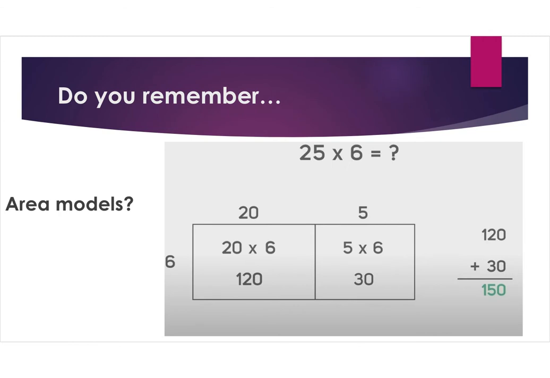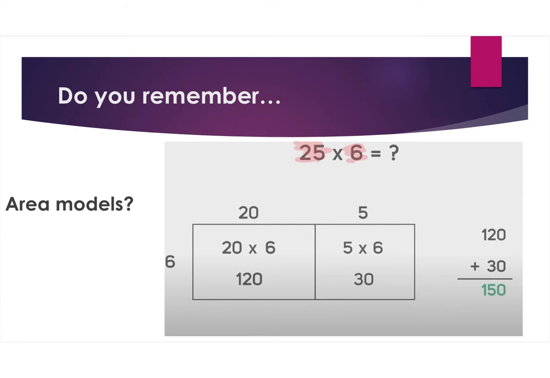Do you remember from last year when we used area models and we learned how to multiply with area models? So we have a problem here, 25 times 6, and we broke that up into 20 and 5 times 6.